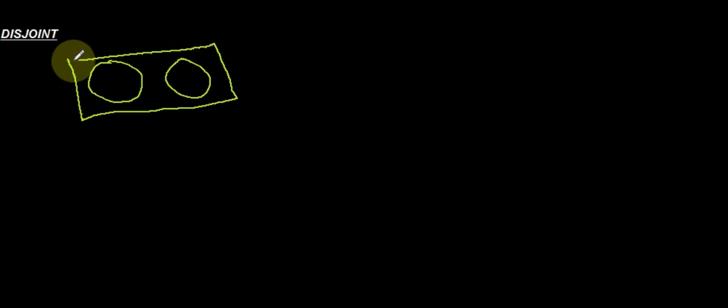We explained this in one of our previous videos, so you can look back for it as a reference. To represent this using the Venn diagram, let's say sets A and B are disjoint sets. You just draw two circles that are not joined together, that are separated from each other. So this is the disjoint set.